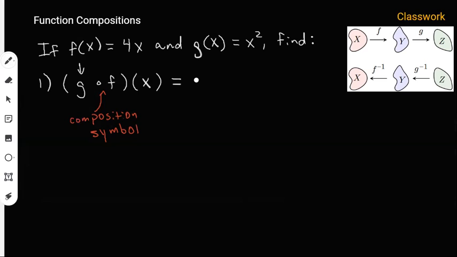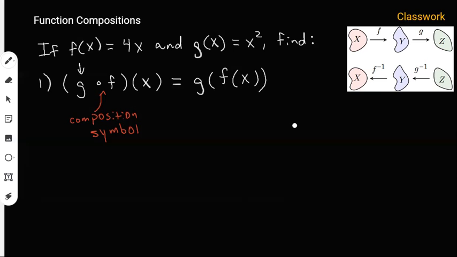So this is going to look like a g evaluated at f of x. And since I have two sets of parentheses, I need to close up two sets of parentheses. So I'm going to close this one up, and then I'm going to close this one up.